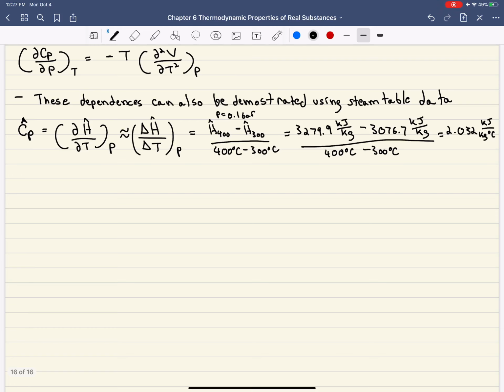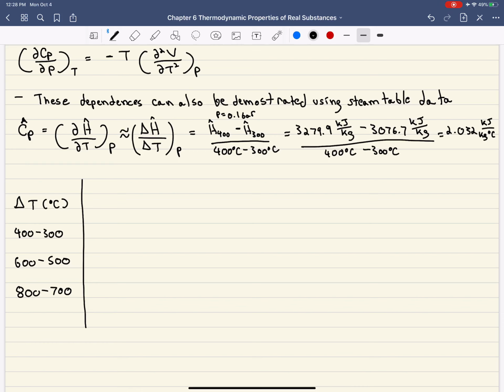what I want to do is repeat this calculation not only for different temperature ranges, but also at different pressures. And so I'm going to prepare a table where the first column corresponds to different temperature delta T's. So 400 to 300, 600 to 500, and also 800 to 700. Okay? So that's the first column.